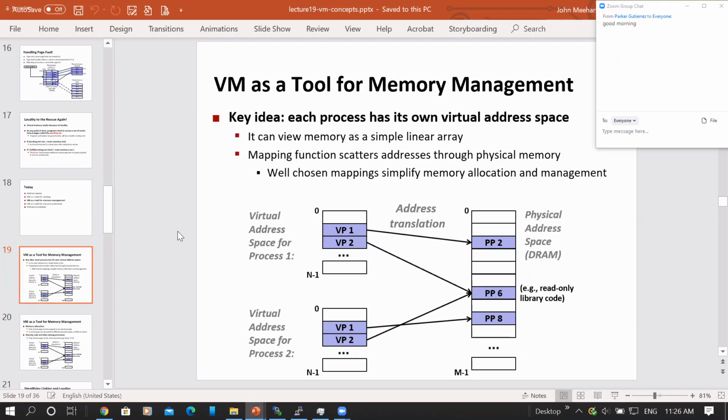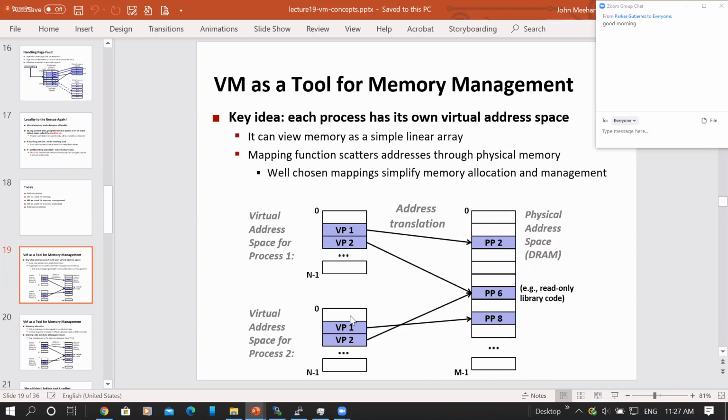for memory management from the point of view of the operating system. The operating system has to get some memory for a process to live in to execute, right? And so here's a process, process one, here's another process, each of which thinks it has this humongous virtual address space. So here's virtual page one from this process, virtual page two from the same process, and they can map anywhere you want to put them into the physical memory.